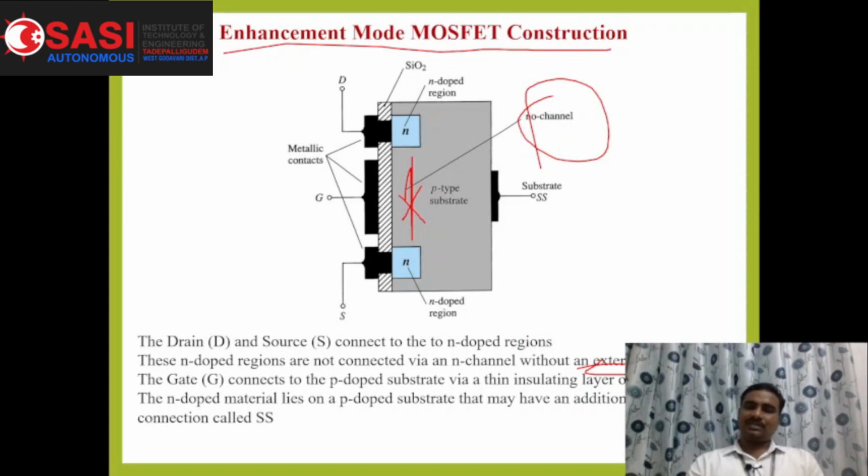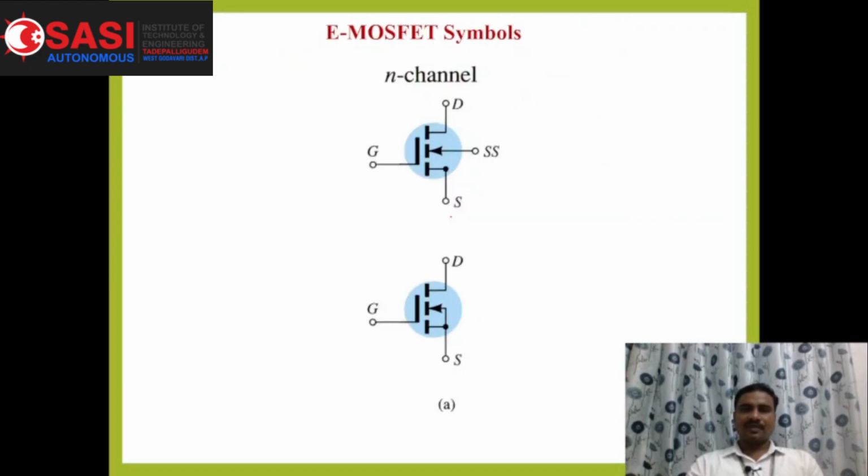This is similar to the D MOSFET except for the elimination of the N channel between the two N-type regions. So this is the representation of the E MOSFET N channel, with current from source to drain.